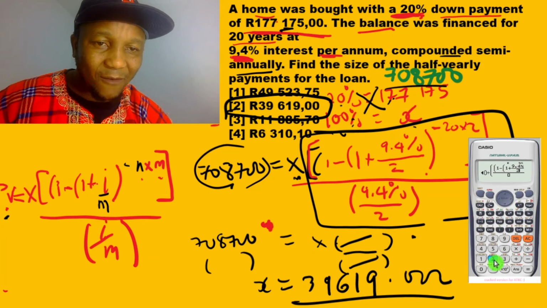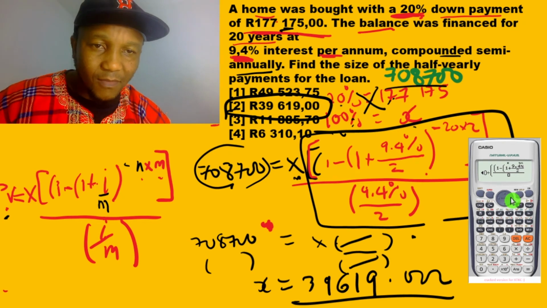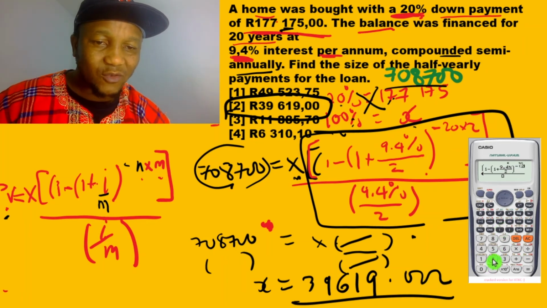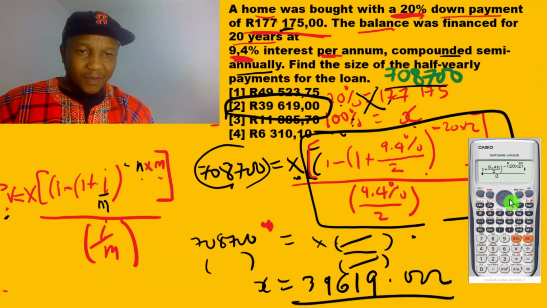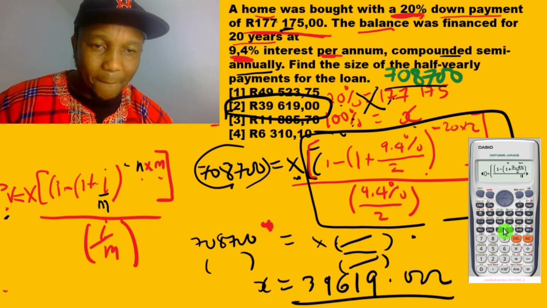You choose compounded half annual, plug in 2 there. Plug 2, you come here, close the bracket, and then you go to the power, you go negative, and then we say negative 20 times 2. You close.